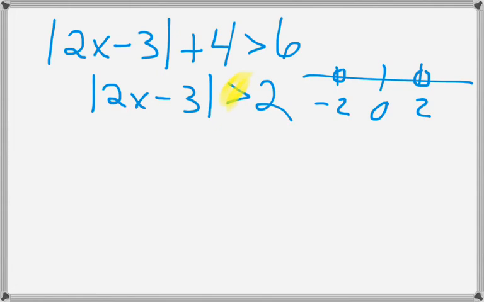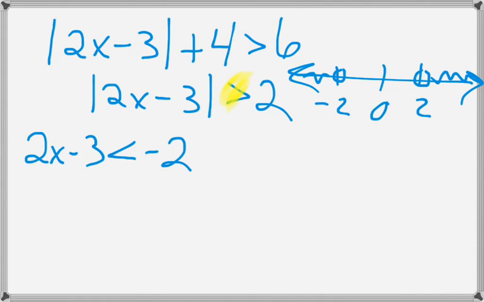If your distance from 0 is greater than 2, you should be pretty far away from 0, not very close. So that's how you know you're at the ends of the number line. So the expression inside the absolute value should be either to the left of negative 2, in other words, less than negative 2, or it should be greater than positive 2.